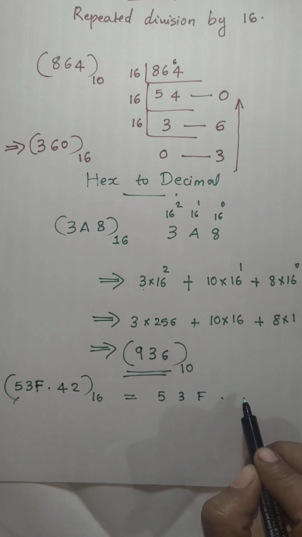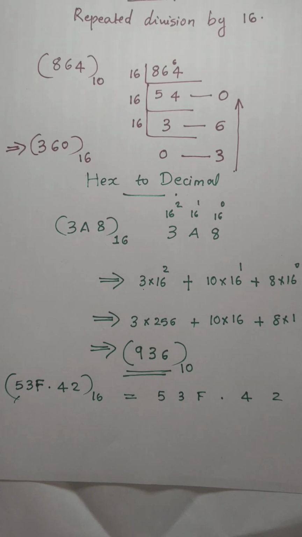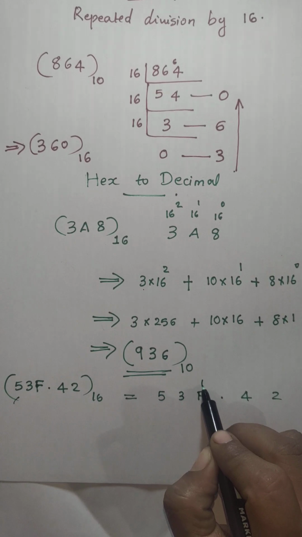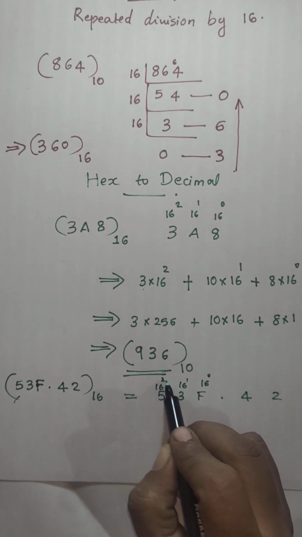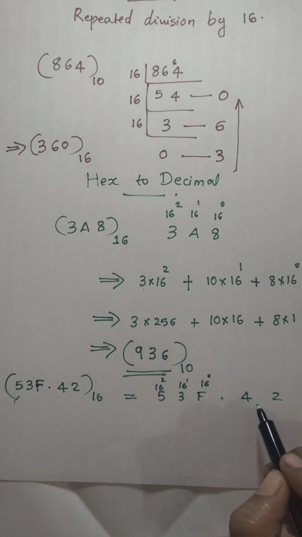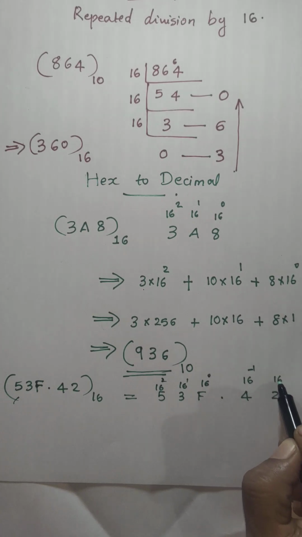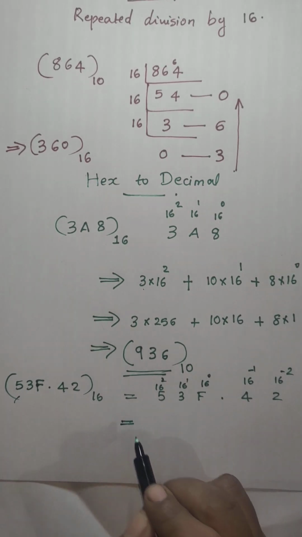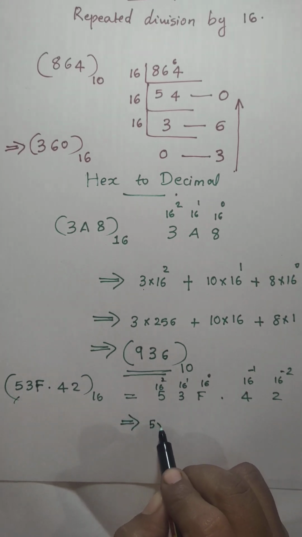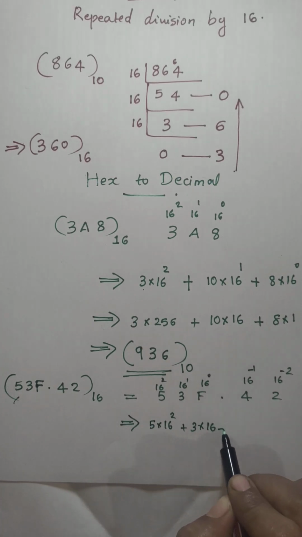We can put the positional weightage: here 16 raised to 0, 16 raised to 1, 16 raised to 2, and for the fractional part 16 raised to minus 1, 16 raised to minus 2, like that. This gives 5 into 16 squared, plus 3 into 16, plus F.